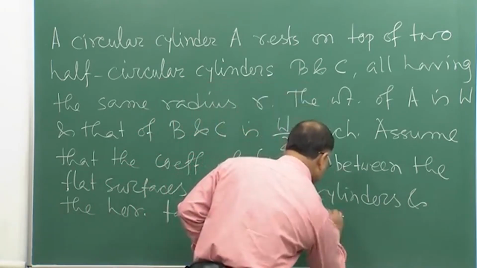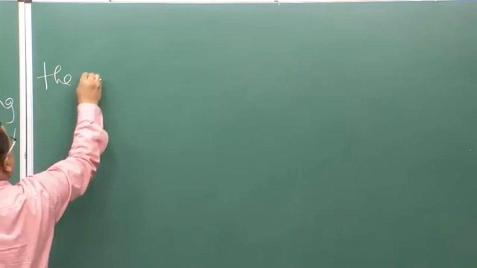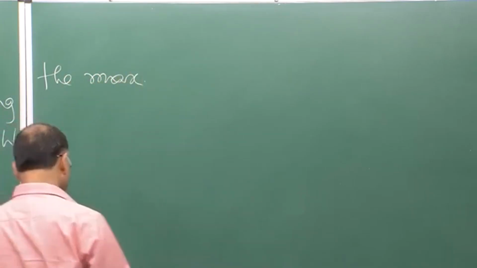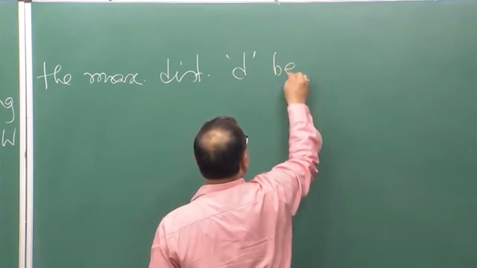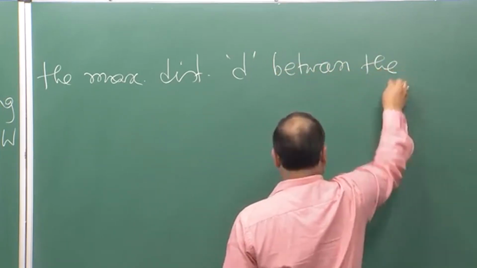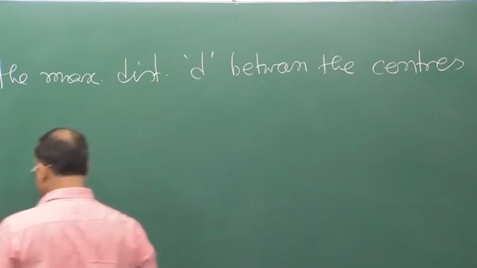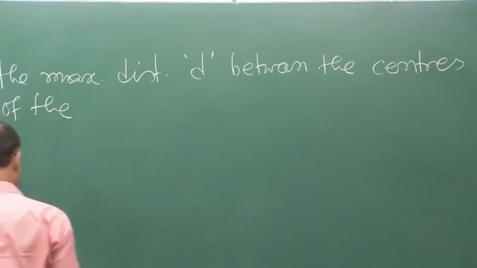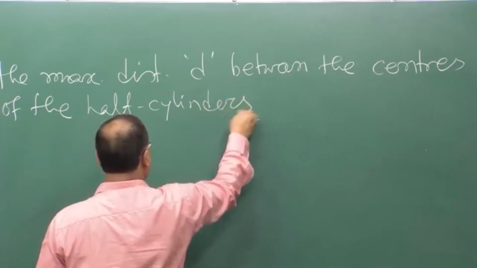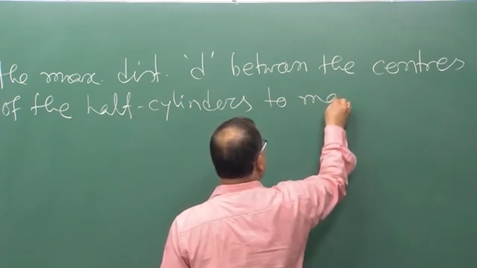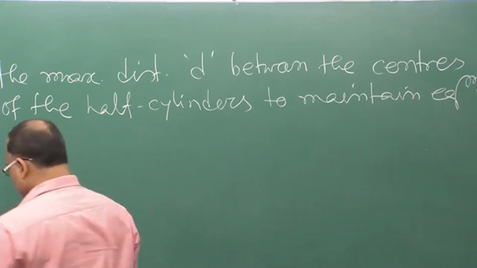Now, this is your objective: determine the maximum distance D between the centers of the half cylinders to maintain equilibrium. Okay. So, let me draw it first.